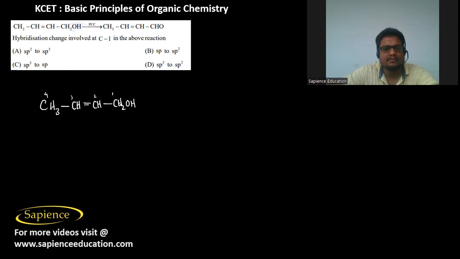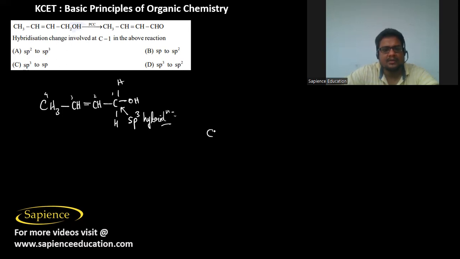In this case, the first carbon is linked with two hydrogen atoms and one alcohol group. So it is linked with two hydrogens and one OH group. So it has three bond pairs. So here carbon is sp3 hybridized. So the hybridization is sp3.